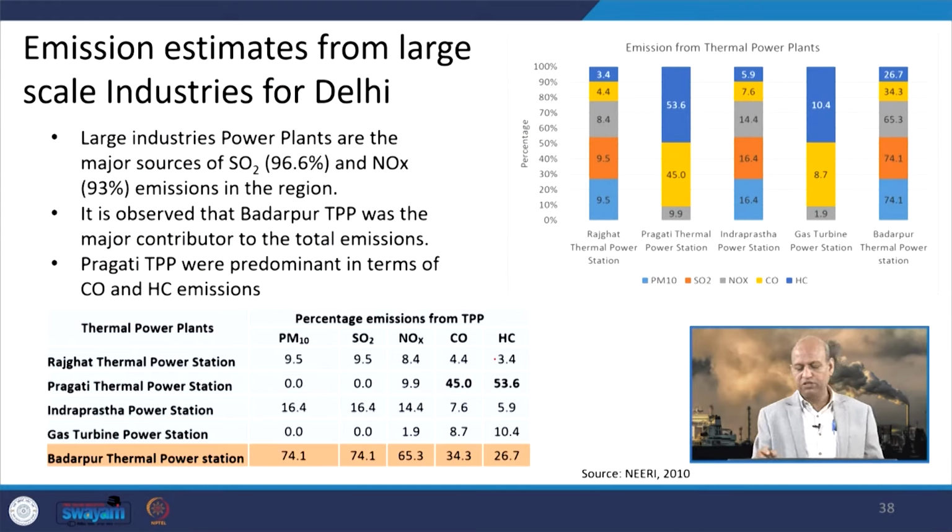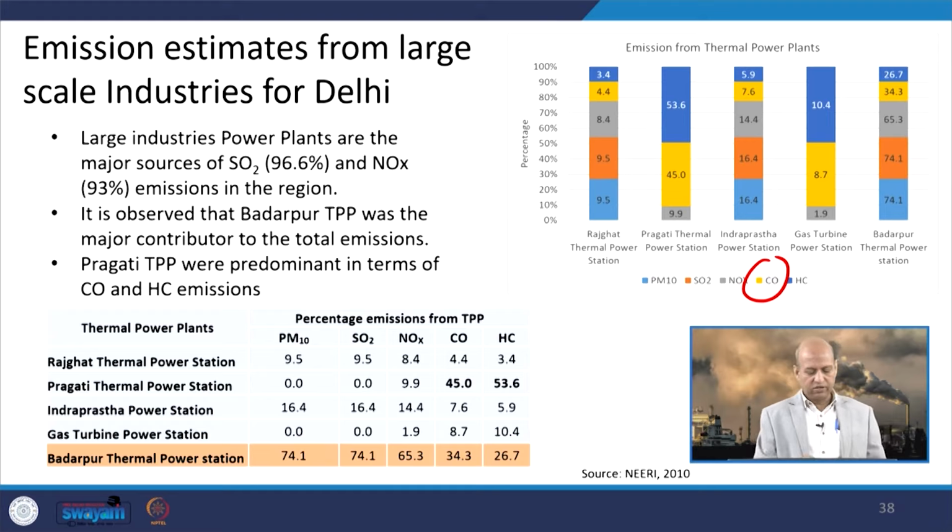So, you can see emissions from thermal power plants, and a lot of emissions of CO, and from Pragati thermal, this CO emission and hydrocarbon emissions are quite high. Well, when we talk about gas turbine power stations, the same story is there, but if you talk about NOx emissions, then Indraprastha, Rajghat and Badarpur have quite significant amounts of NOx emissions.